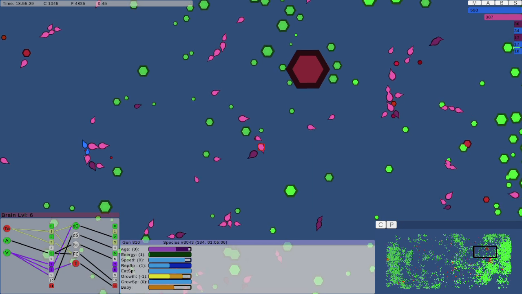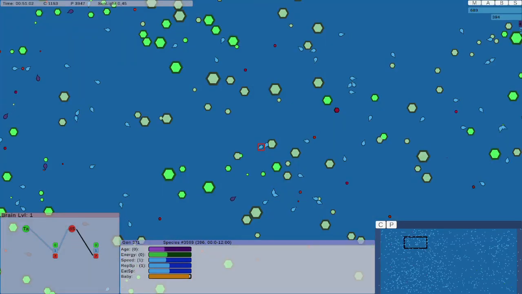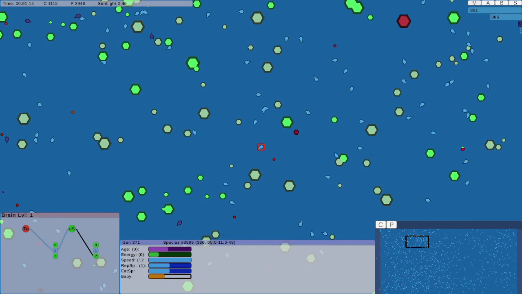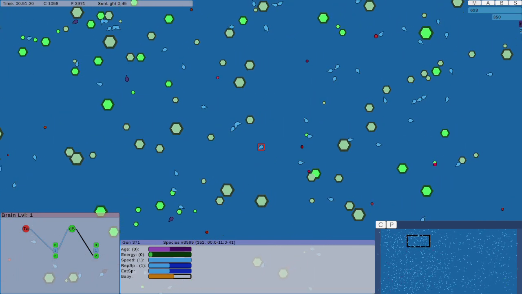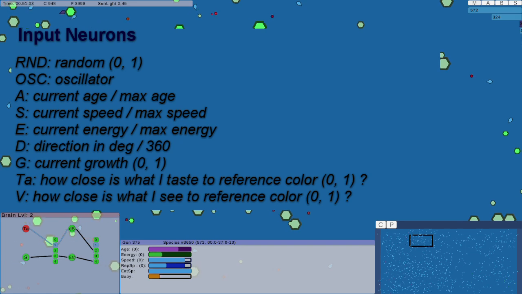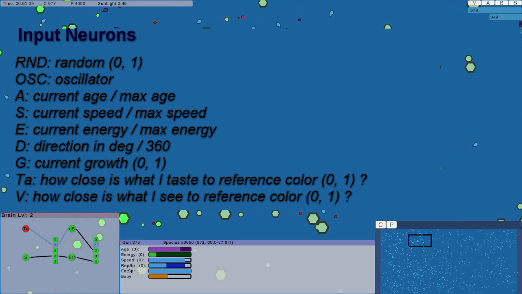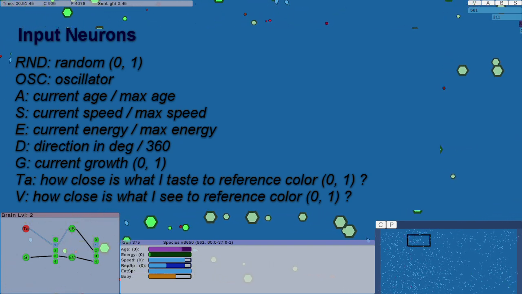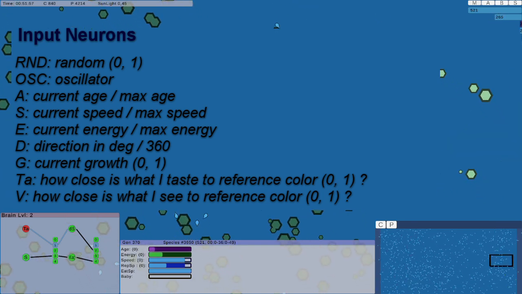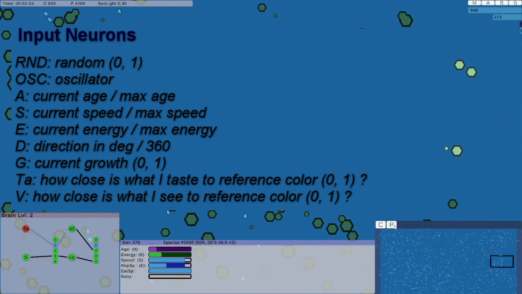In the first episode, the crits were completely blind. If they found some food, it was mostly by chance. In this episode, we are adding a new input neuron, vision. Vision has two parameters. The first one defines in how many directions the crit can see. With a type 0, it can see only in front of it.